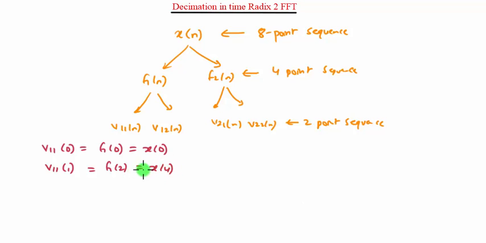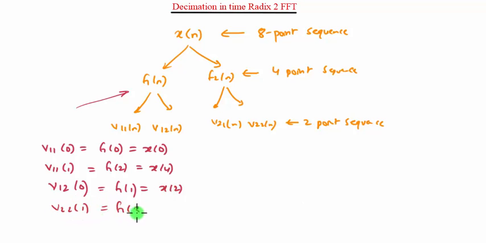These paths can be traced exactly according to this flow chart. So there is no need to calculate exactly how it goes, but we should write this to understand. v12 of 0 is equal to f1 of 1 is equal to x of 2. v12 of 1 is equal to f1 of 3 is equal to x of 6.